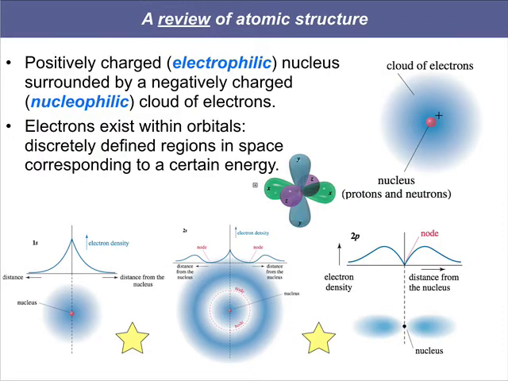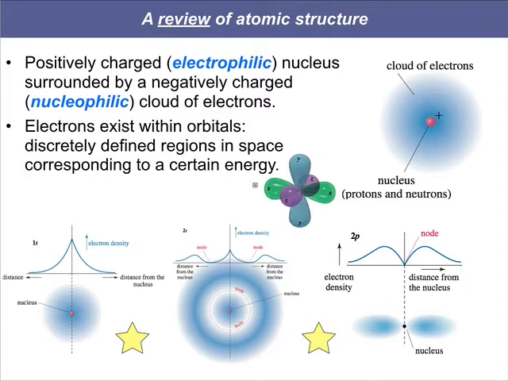So let's do a quick review. This is strictly a review of atomic structure. This really should not be new to you. First of all, an atom is a positively charged nucleus surrounded by a negatively charged cloud of electrons.